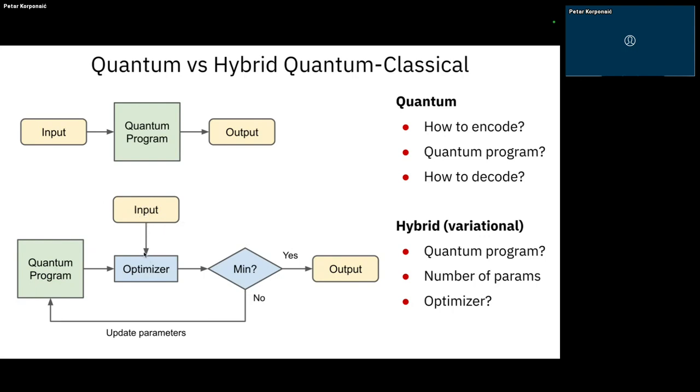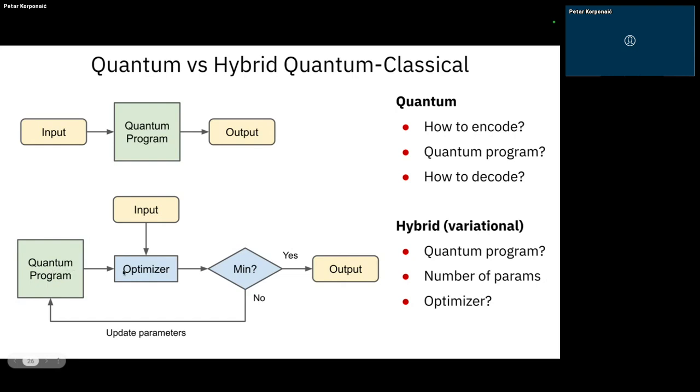Input is sent to objective function which calculates the cost, and the optimizer is minimizing some value until it reaches minimum, and as long as we don't have a minimum, we update parameters of quantum program.